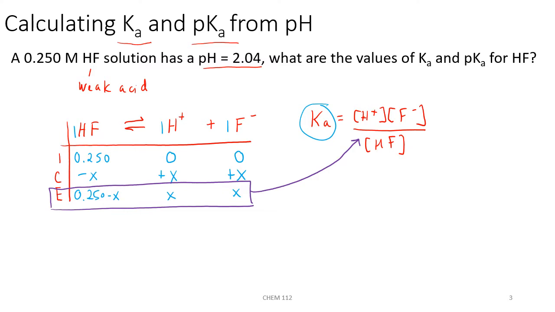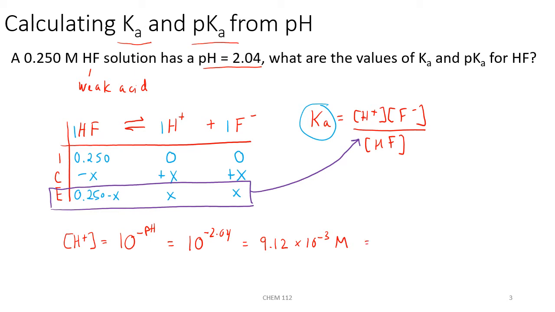And from our pH, we can actually figure out what our X value is, or our hydrogen ion concentration at equilibrium. The hydrogen ion concentration will be equal to 10 raised to the negative pH power. So that'll be 10 raised to the negative 2.04. That gives us a hydrogen ion concentration of 9.12 times 10 to the negative third molar.